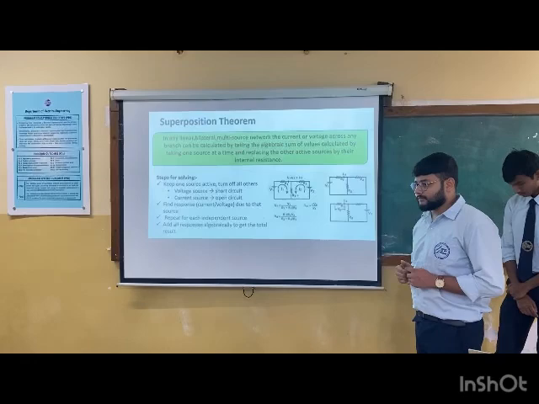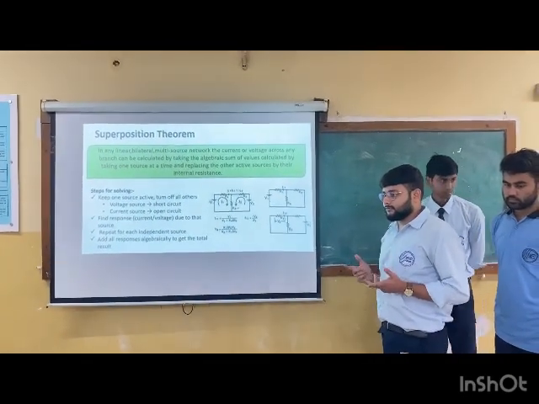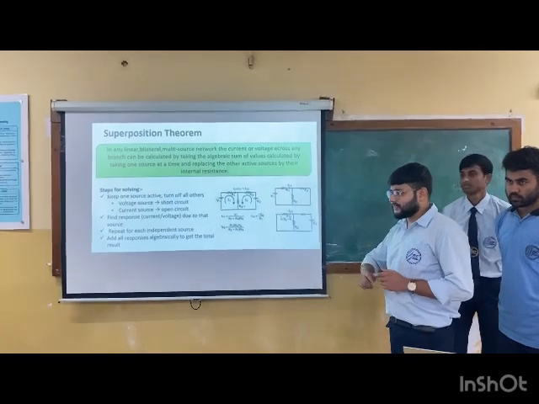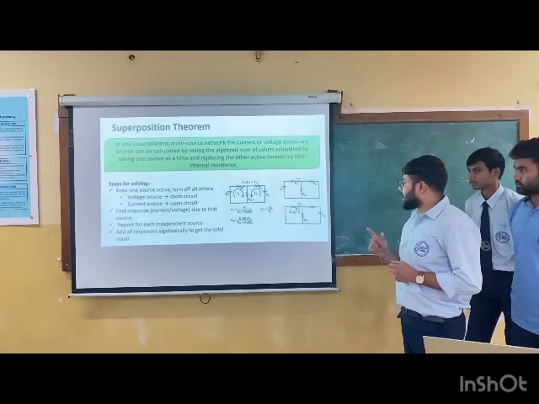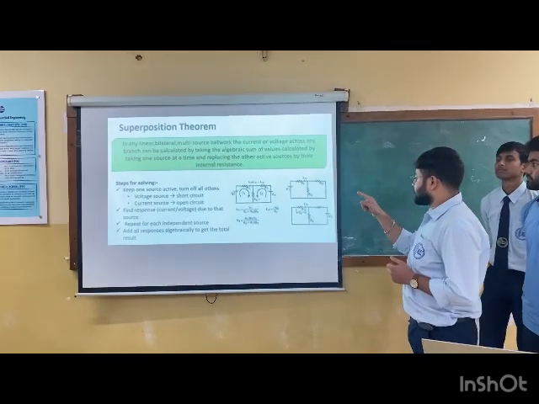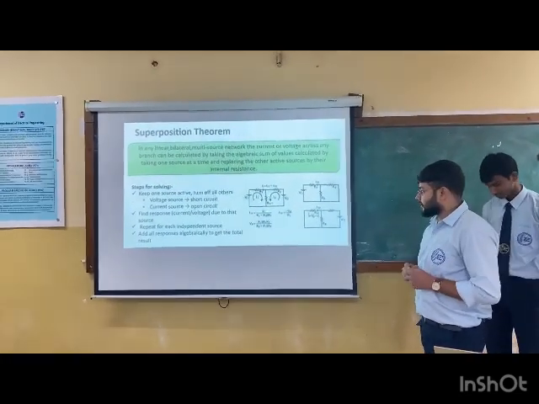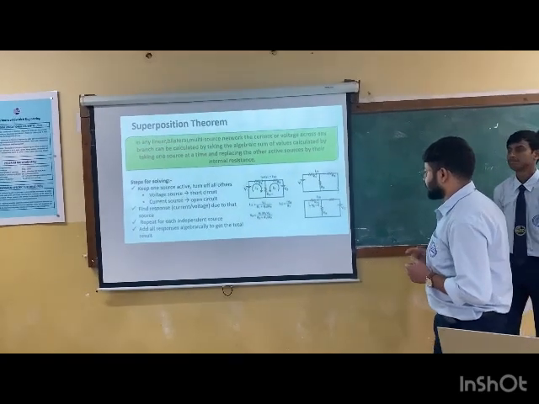First, we find the active sources. Then, taking one active source, a voltage source is short-circuited and a current source is open-circuited, to find the current.